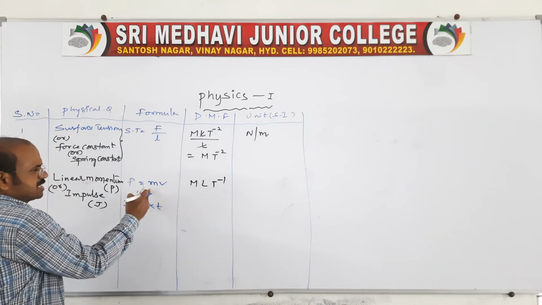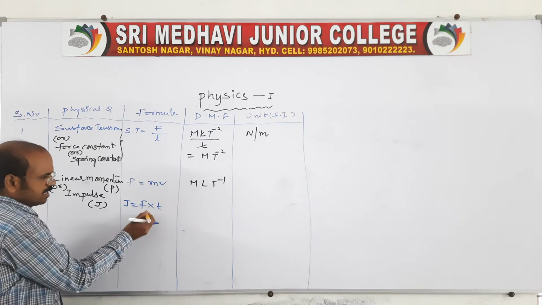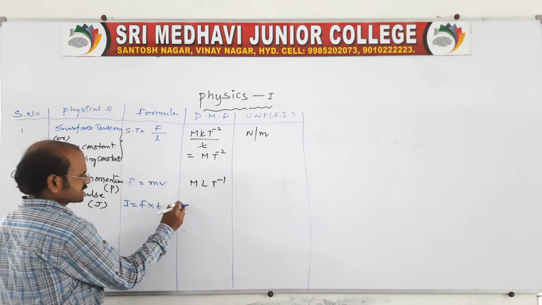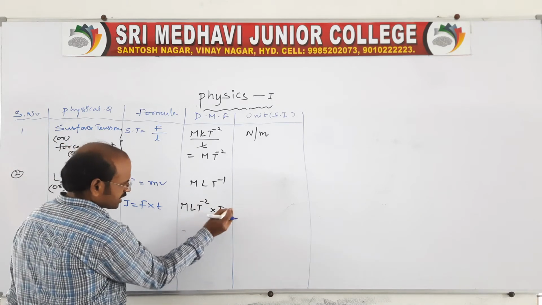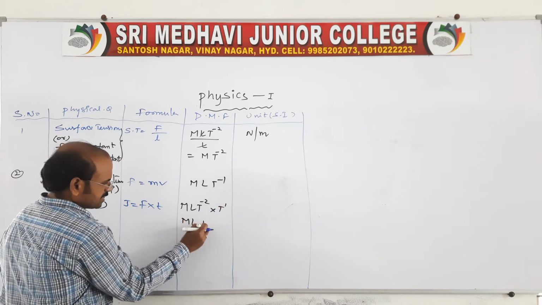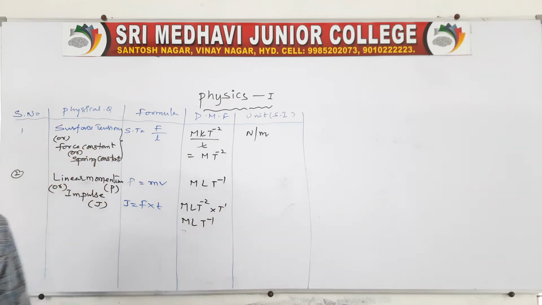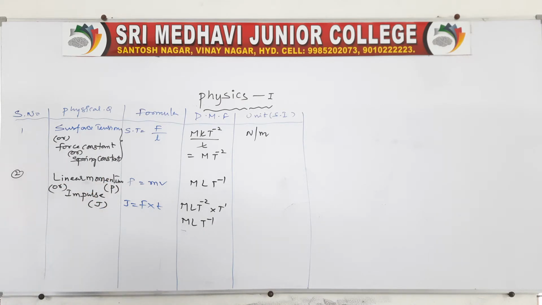Force is M L T power minus 2, and time is T. The bases are the same, so the powers are added: M L T power minus 1. So remember that linear momentum and impulse have the same dimensional formula.